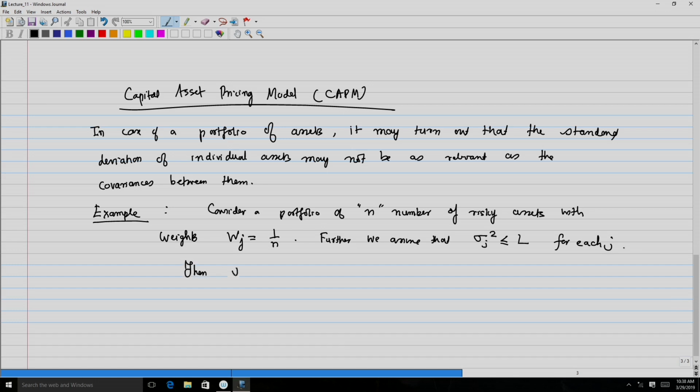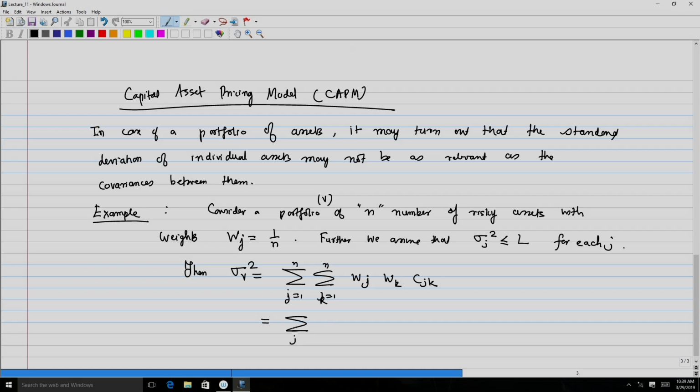Then sigma_V squared, the variance of this portfolio V, is going to be the double summation over j equal to 1 to n and k equal to 1 to n of w_j w_k c_jk, where w_j is the weight of the jth asset, w_k is the weight of the kth asset, and c_jk is the covariance of the two assets.